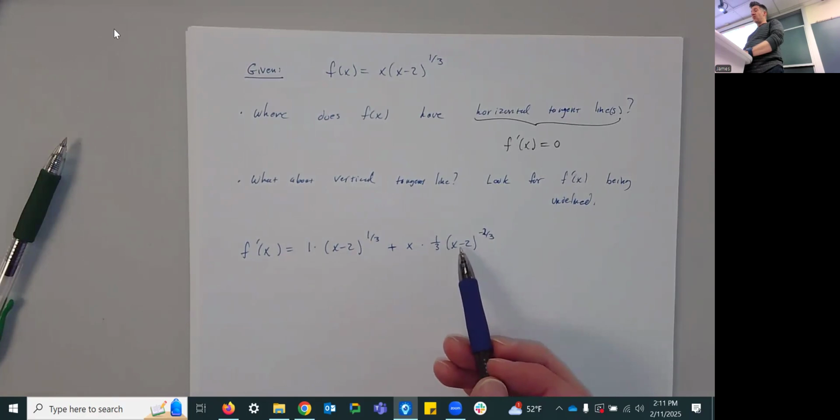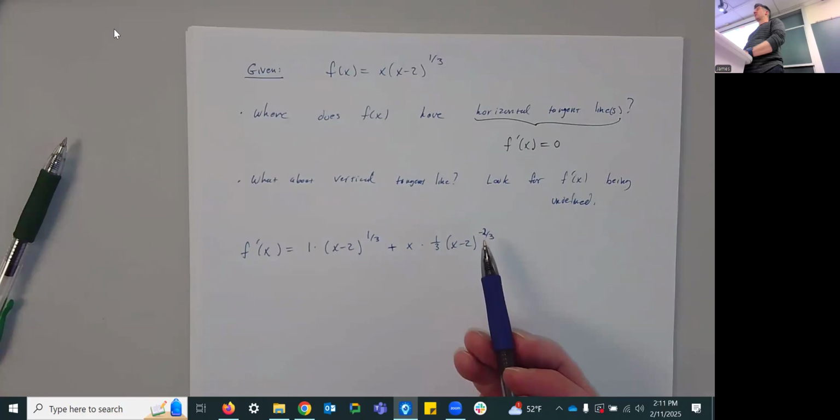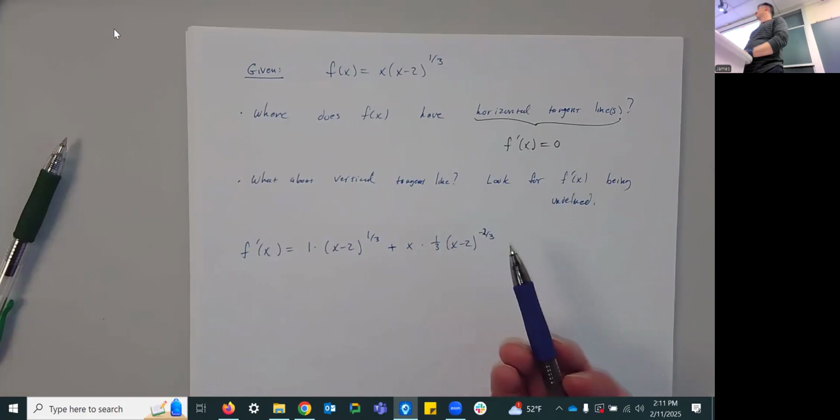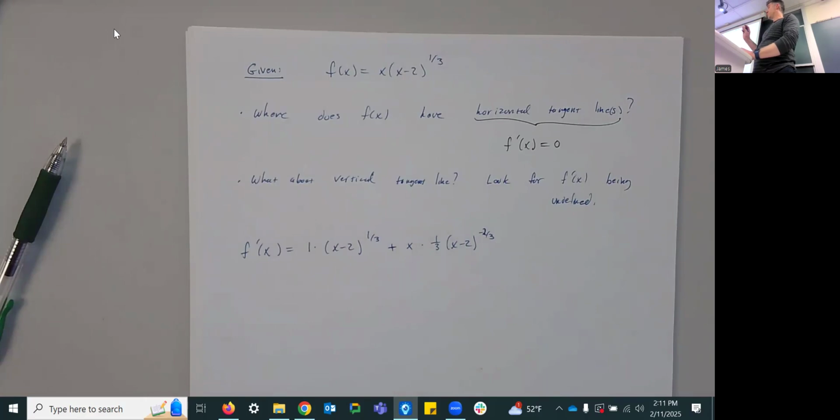Over here, you get 0 to the negative 2/3 power, which is 1 divided by 0 to the positive 2/3 power. 0 to the positive 2/3 is 0, and 1 divided by 0 is undefined. So you have to be extra careful here. You might have mistakenly answered that 2 is where you get a horizontal tangent line, where in actuality, 2 is where we get a vertical tangent line, because 2 is what makes this derivative undefined.